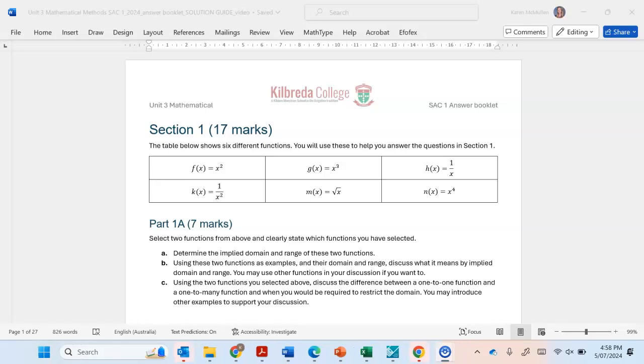Everyone. In this video, we're going to go through the solution guide for the Maths Method SAC number 1. Just a few things you need to remember when going through the solutions is the main one is that your SAC, so what you wrote in your SAC, didn't have to be exactly the same as what I've written in my solution guide.